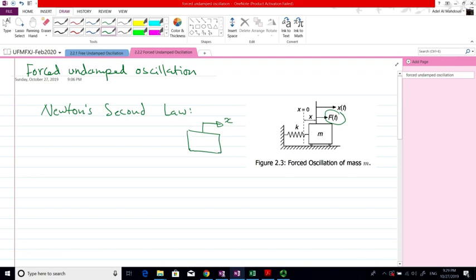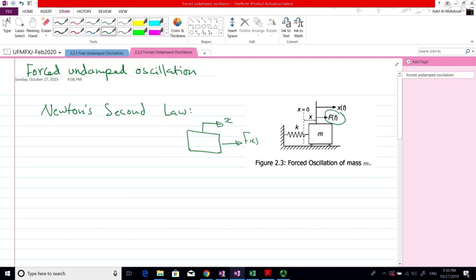And we'll check what force is acting over it. As this mass is moving toward the positive direction, we can assume the force acting in the same direction of movement, and this one is Ft, which is the applied force.